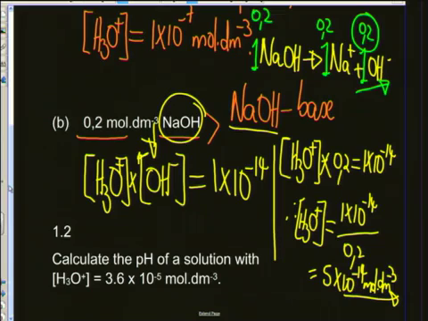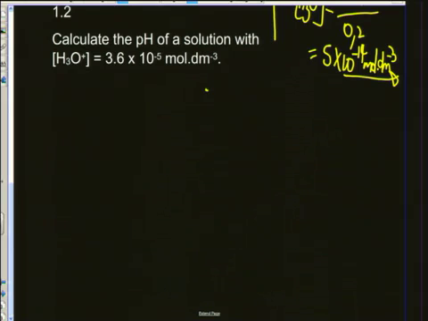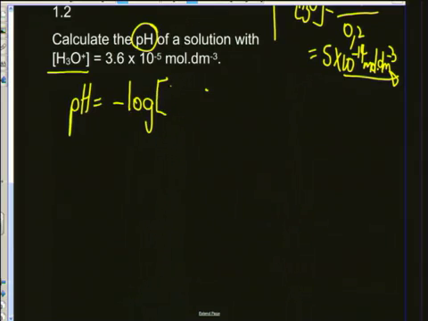Right, and moving on, coming to 1.2. Here it says, calculate the pH of a solution with the hydronium ions of 3.6 by 10 to the power minus 5 mole per cubic decimeter. Now, pH is equal to minus log the concentration of hydronium ions. That's what pH is.